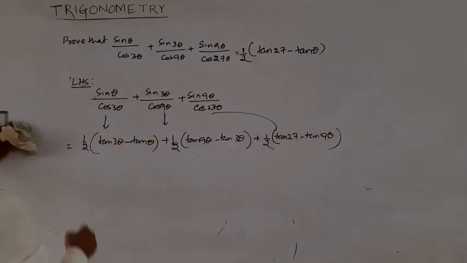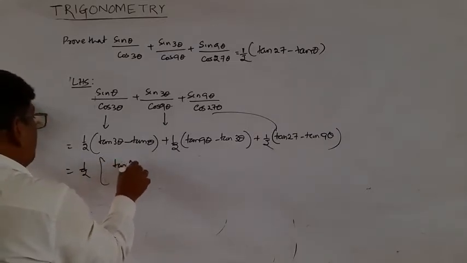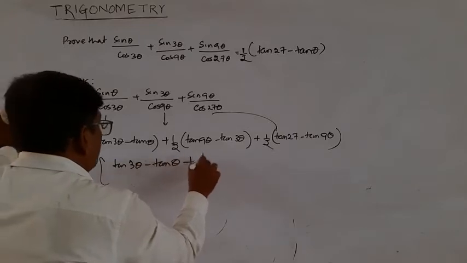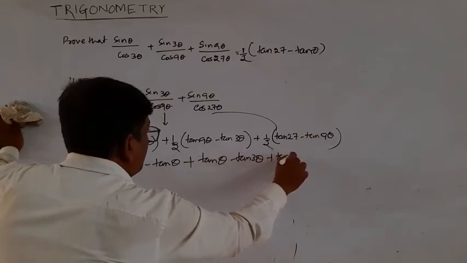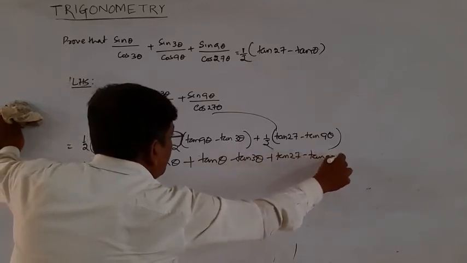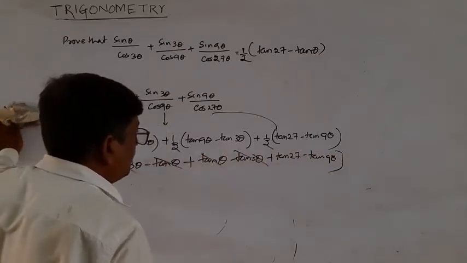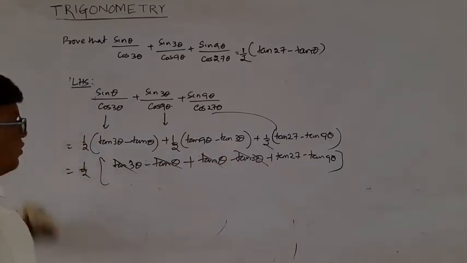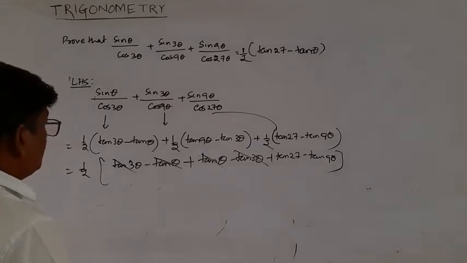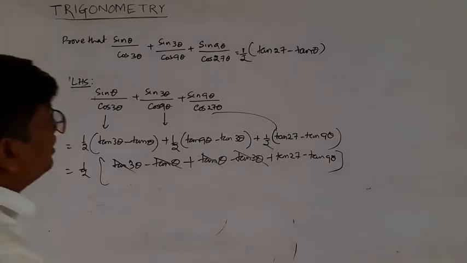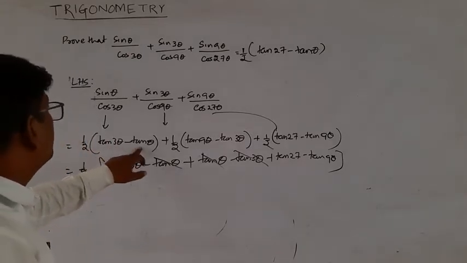So 1 by 2 is common: tan 3 theta minus tan theta, tan 9 theta minus tan 3 theta, tan 27 theta minus tan 9 theta. So plus minus cancels, plus minus cancels.